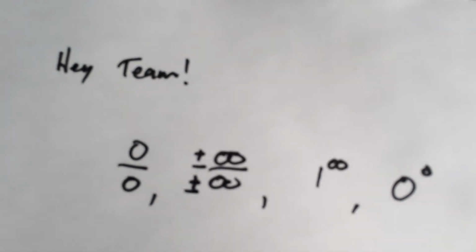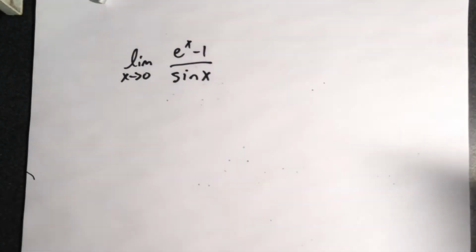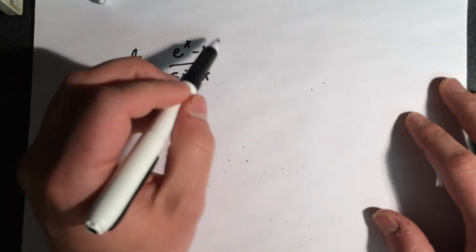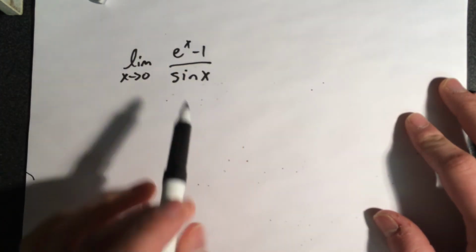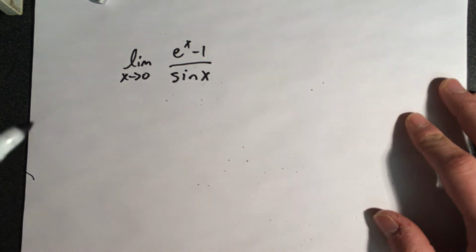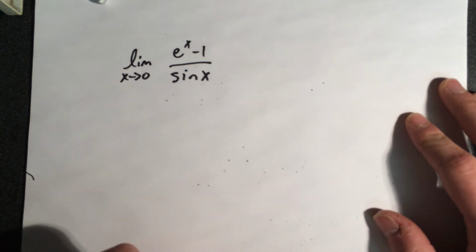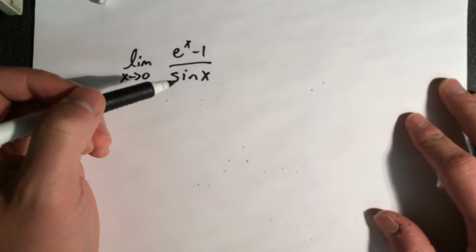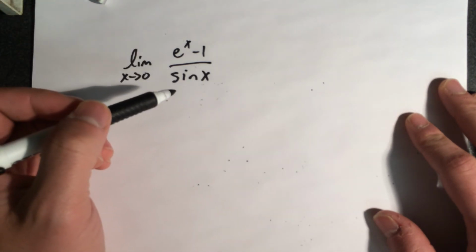Again, these are the indeterminate forms that you should be thinking about, especially 0 over 0 and infinity over infinity.